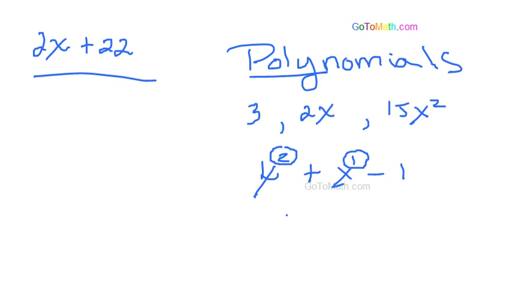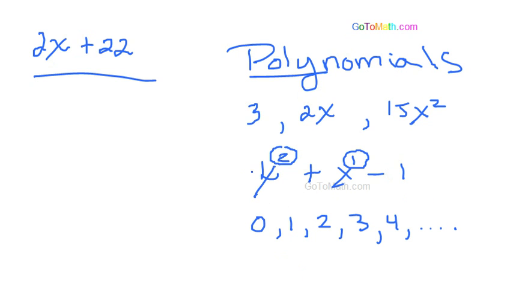Okay, I shouldn't say must be an integer, must be a whole number. Do you remember what whole numbers are? Whole numbers are 0, 1, 2, 3, 4, and so on. Okay, alright, so the exponent must be a whole number.